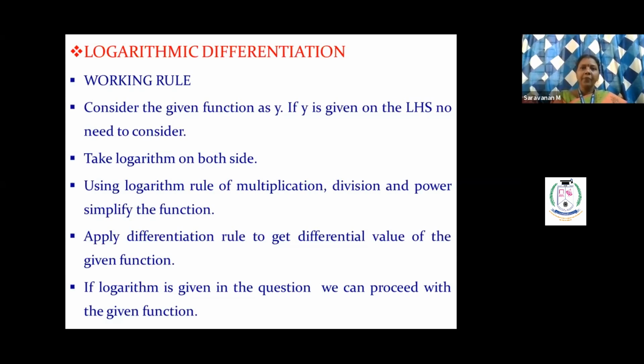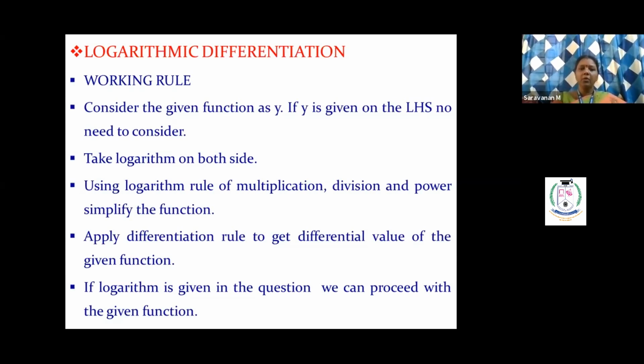Because you know already, log of AB is equal to log A plus log B. So we can separate the function easily and then find the derivative. And log of A by B is equal to log A minus log B. Log of A power m is equal to m into log A. So this is what we are going to use. That's why we are applying log on both sides.